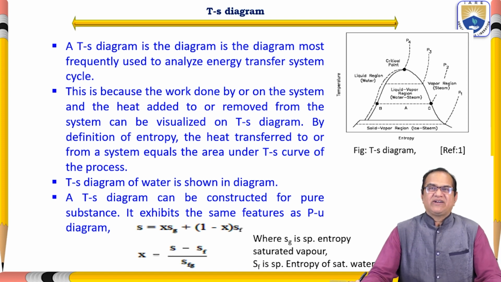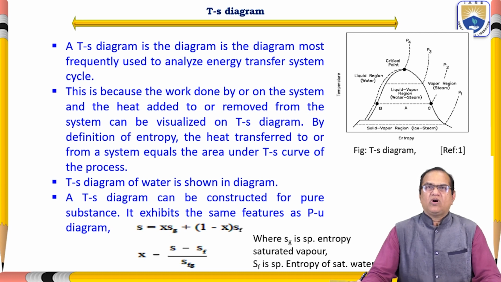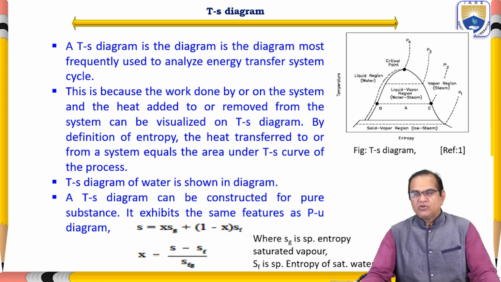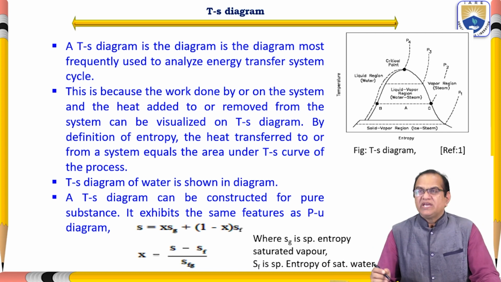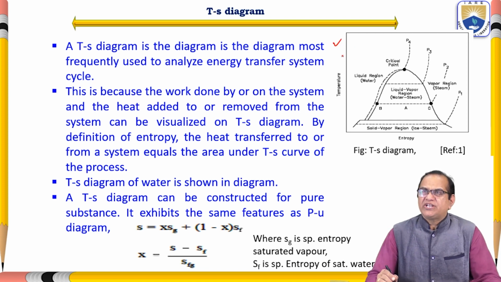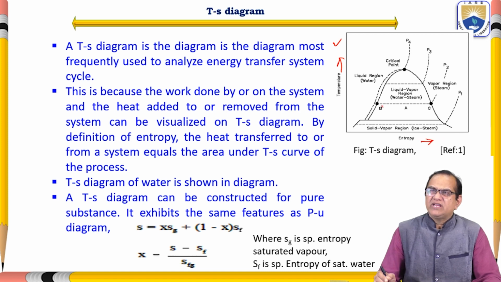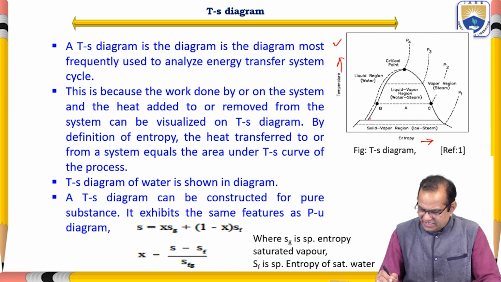By definition of the entropy, the heat transfer to or from a system equals the area under the TS curve of the process. So here if you see the chart, here is the temperature in increasing order, and here is the entropy in increasing order. If you see here, for a liquid region, there is a critical point here.